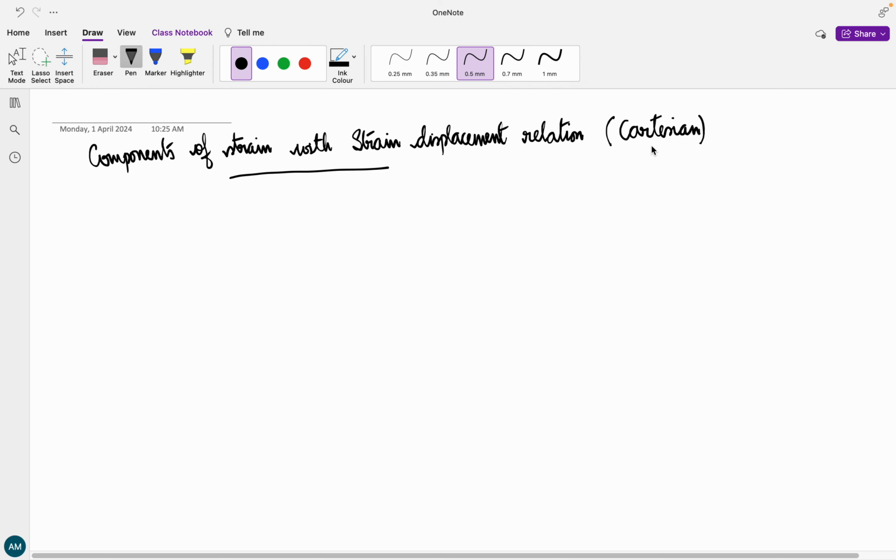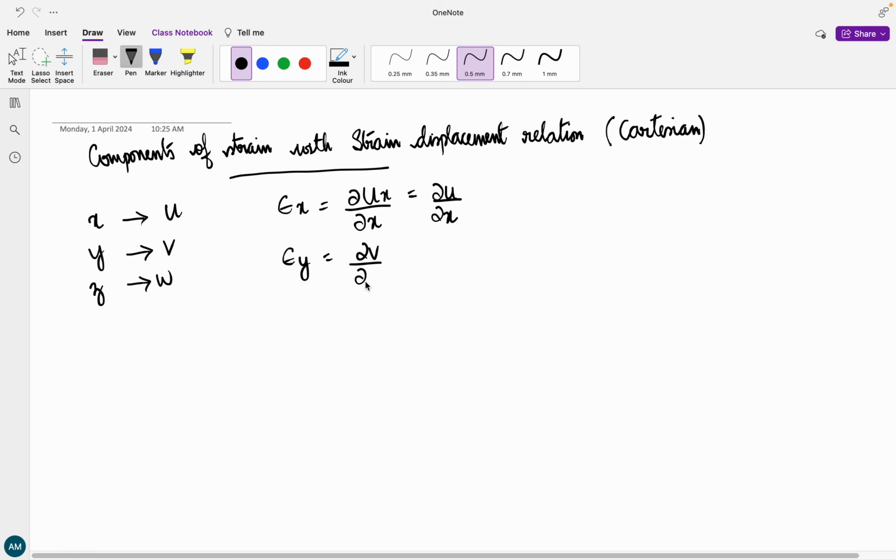Let us start with X, Y, Z. So, for X, Y, Z coordinates, let us say the displacement components are going to be U for X, V for Y, and W for Z. Epsilon X, that is normal strain in X axis, is nothing but dou Ux by dou X, or you can just simply write it as dou U by dou X. Okay, and then epsilon Y is similarly dou V by dou Y. Epsilon Z is dou W by dou Z.